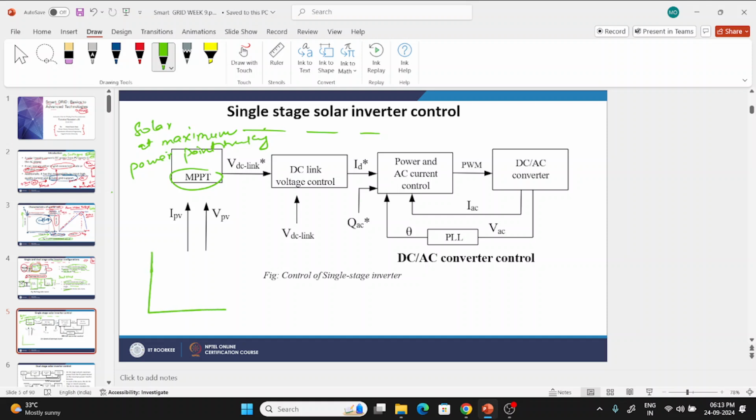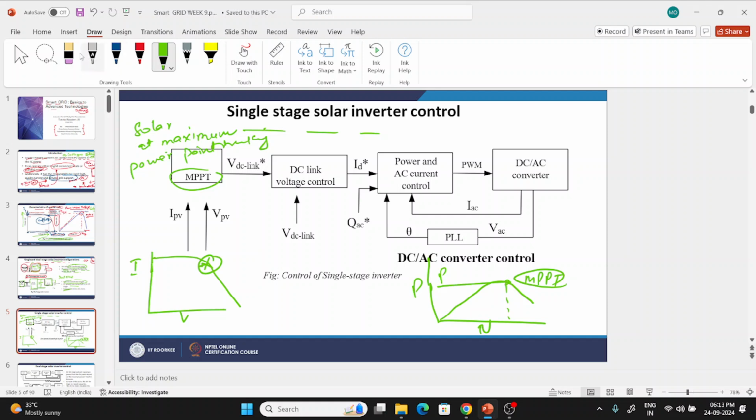If I draw the IV characteristic, it will be like this. This is the MPPT point, and for the PV characteristic, this is the maximum power point. At that point, the power will be maximum, so our solar cell will operate at this point.